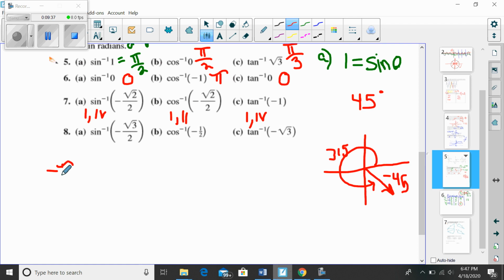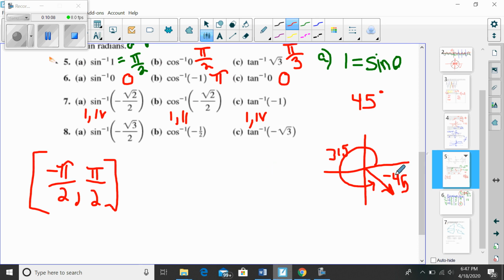Okay, and it does matter which one I take, and that is because the domain was restricted from -pi over 2 to pi over 2, for sine, right? That means that my range for inverse sine is between -pi over 2 and pi over 2. 315 degrees is not part of that range.